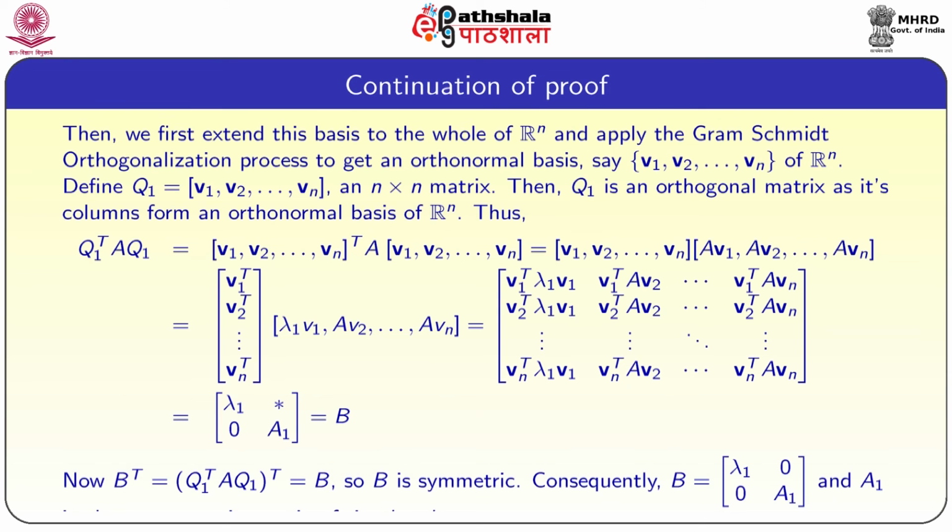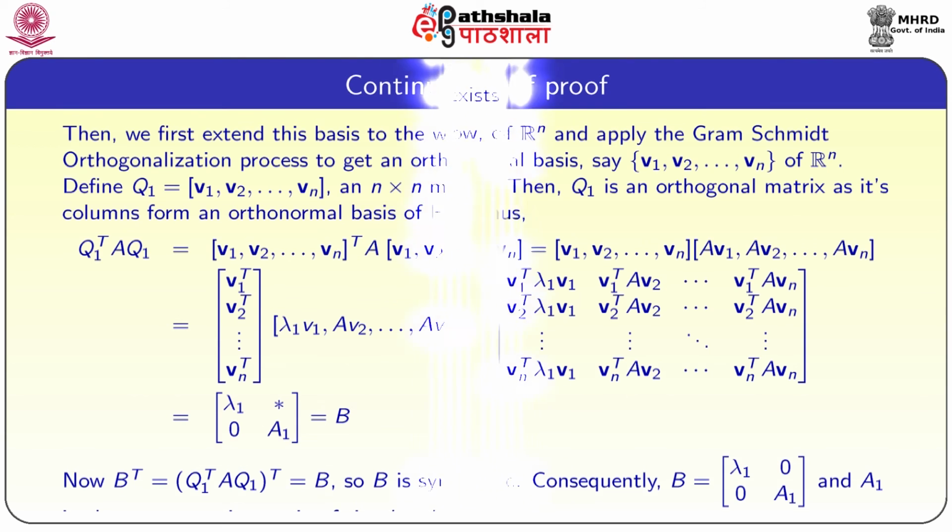Call this matrix B. Now, since B transpose is equal to (Q1 transpose A Q1) transpose, B is symmetric, so we can prove that B is equal to lambda 1, 0, 0, A1, where A1 is also a symmetric matrix of size k by k. So, now we can apply induction on A1.